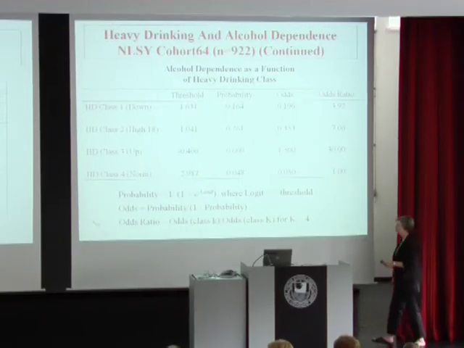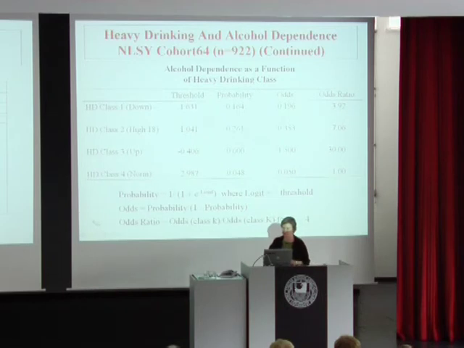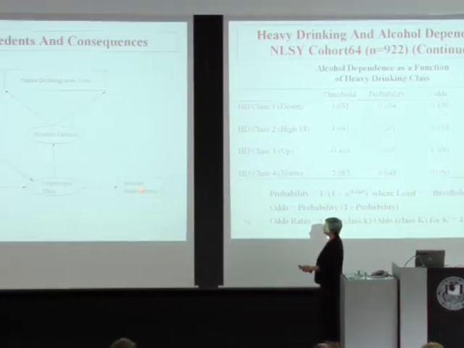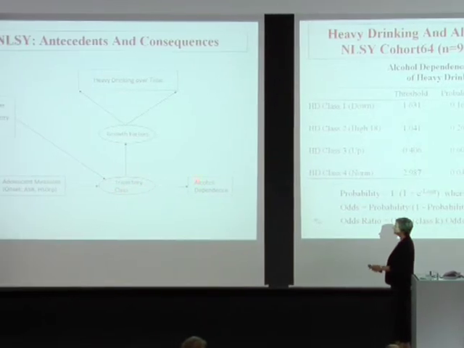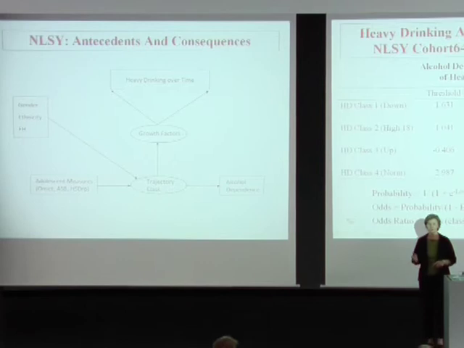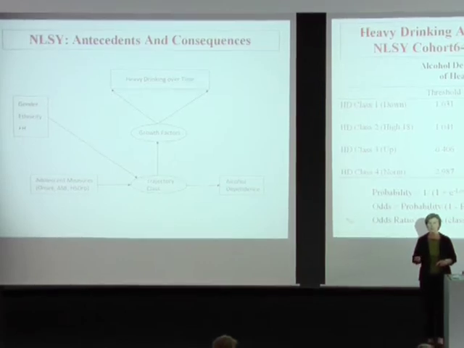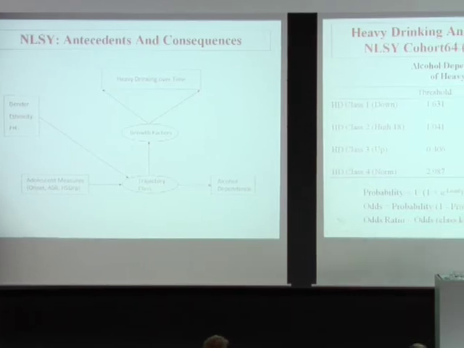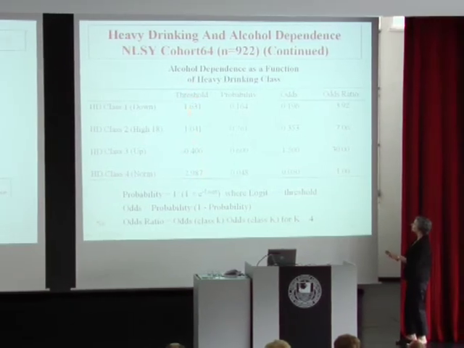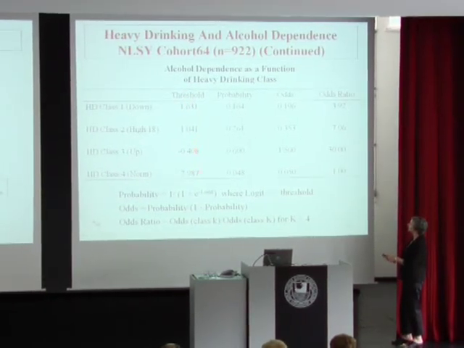Maybe I should put the model up again. This part of the model looks like a regression of alcohol dependence on trajectory class, but it isn't shown. We don't specify it in the model command using the on, because what it actually is is simply the variability of the thresholds across the classes.